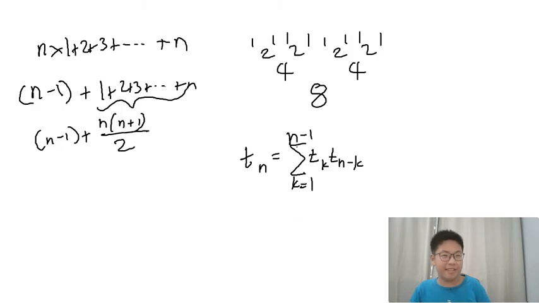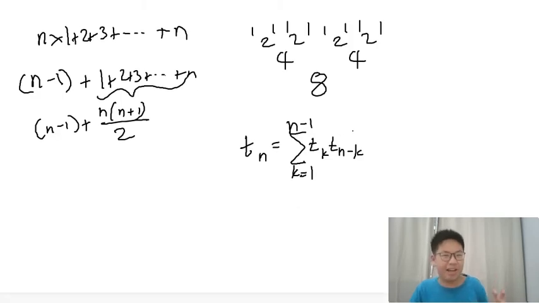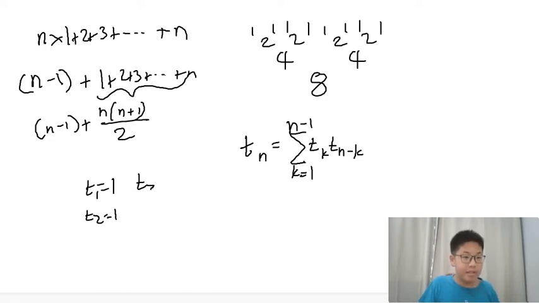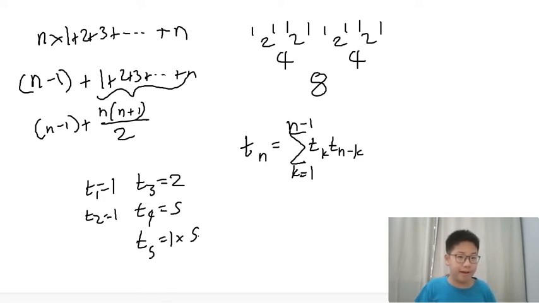So now we're asking about the number of binary trees, or towers, as the MAT calls them. So T1 is 1. T2 is 1. T3 equals 2, as we've seen. T4 equals 5. T5 equals 1 times 5 plus 1 times 2 plus 2 times 1 plus 5 times 1, which equals 14.